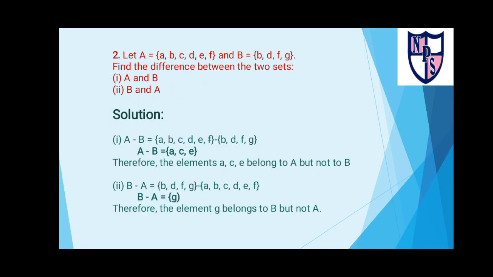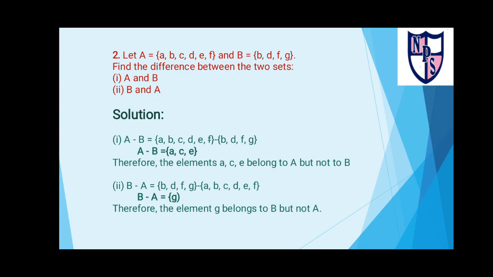In this example, we have two sets A and B. These are not disjoint sets as they both have common elements. So we have to find out the difference of these two sets.